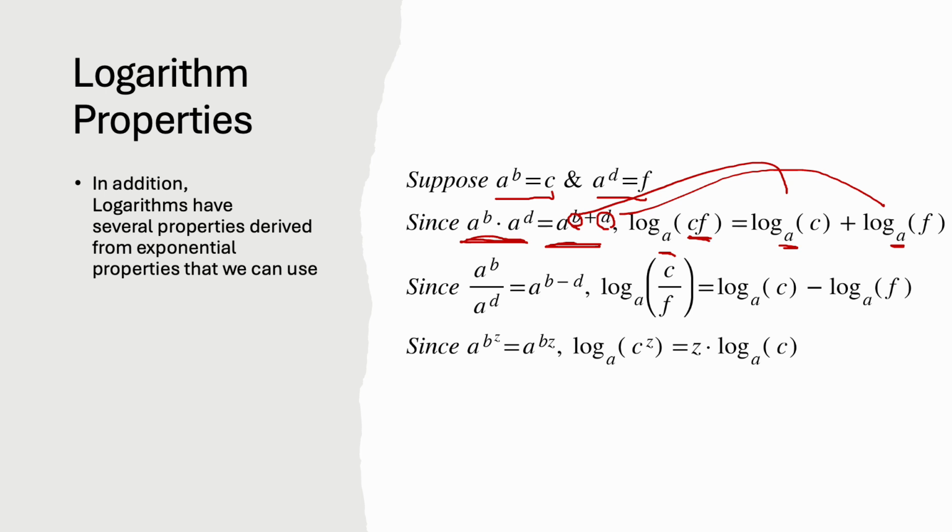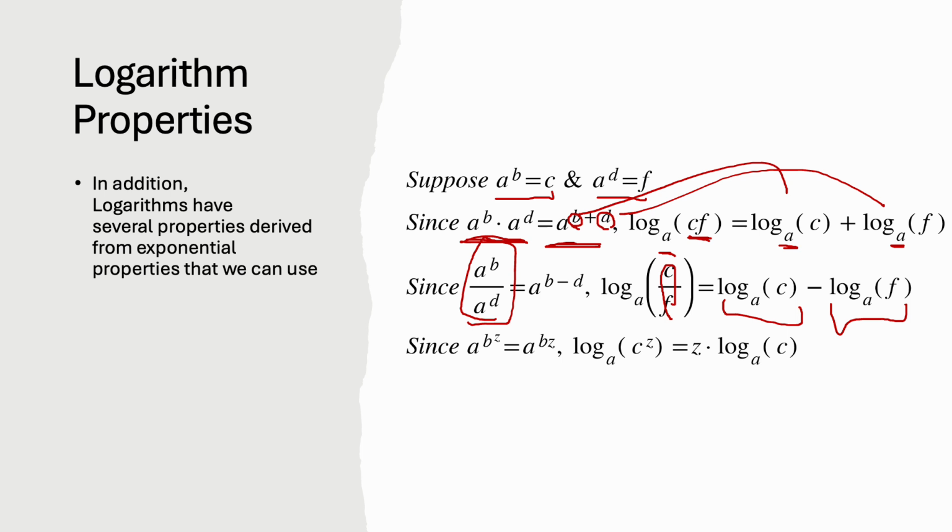And again, we can think of this because each of these log values represents an exponent. So this represents b, this represents d, and we're really just shifting the perspective on each of these rules.